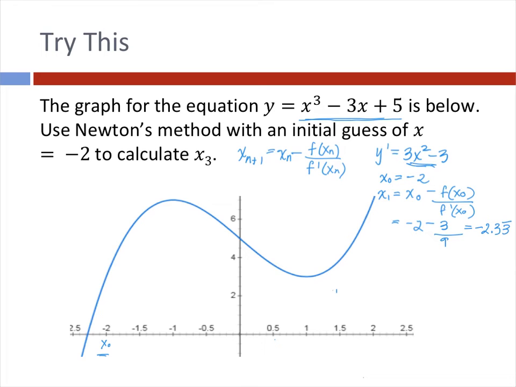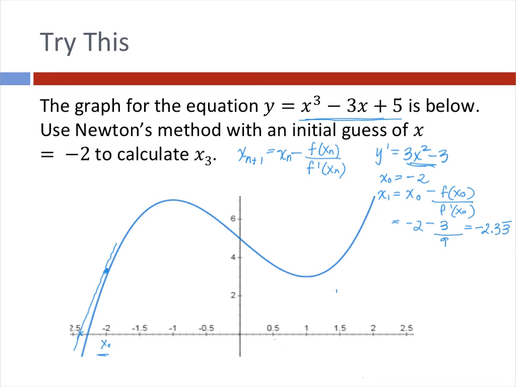So if you know what this represents, it actually helps you to make sure that you're not going astray. All right, so our initial value is x naught. Remember, what we're trying to do is we draw a tangent line at that point, right? And we find out where that tangent line crosses the x-axis. It's a terrible line. But it crosses somewhere in here. And I got the value -2.33. So that looks about right, doesn't it? Okay, so that's my x1.